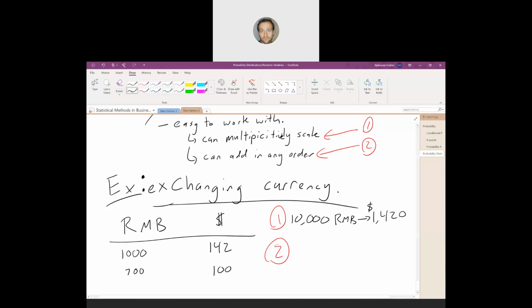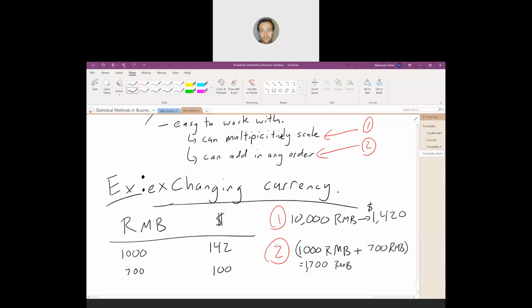Okay, so Yiting, if you and me were coming in from China and I have 1,000 renminbi and you have 700 renminbi, and we're going to be combining our renminbi together, then we would have 1,700 renminbi.